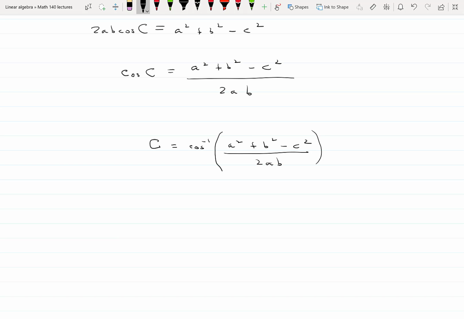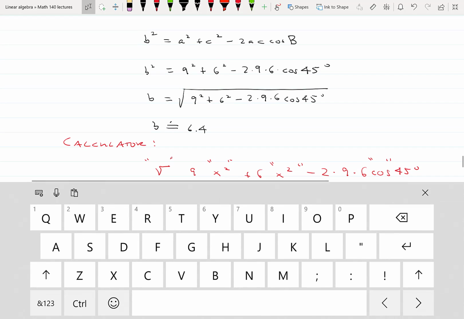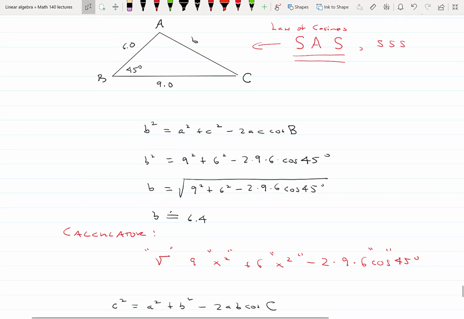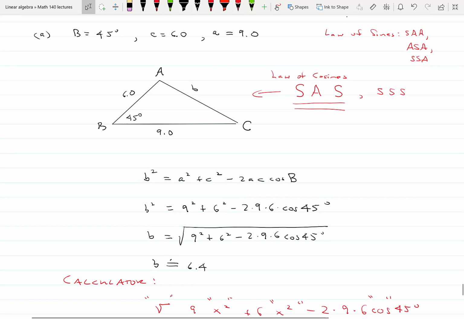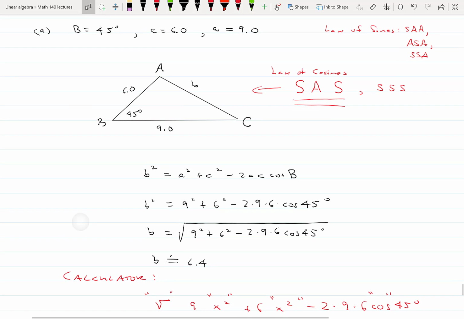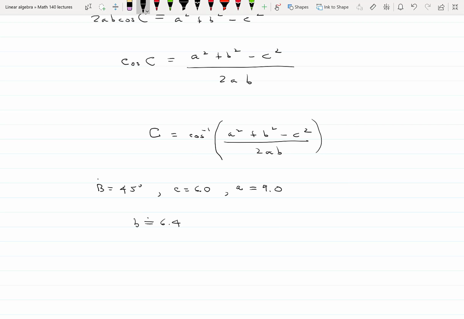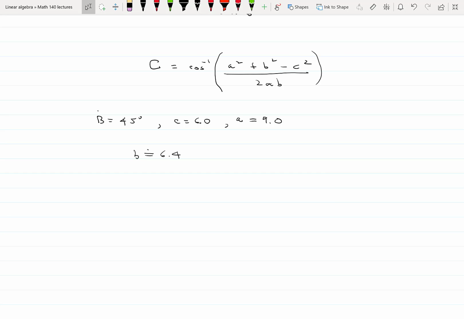Okay, so back to our problem. Our problem had b is 45, c is 6, a is 9. Let me move that down here. So I moved our information from above, including the b that we found.